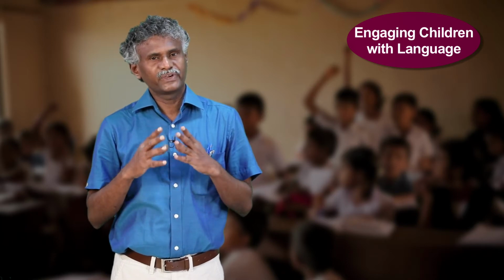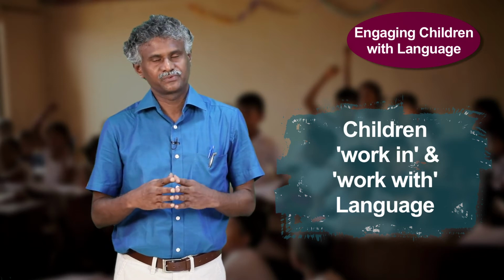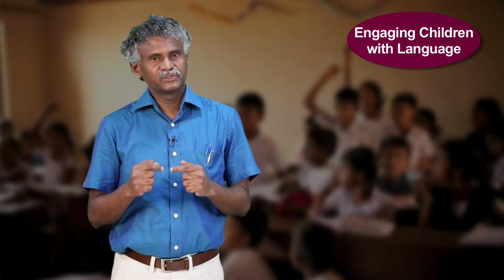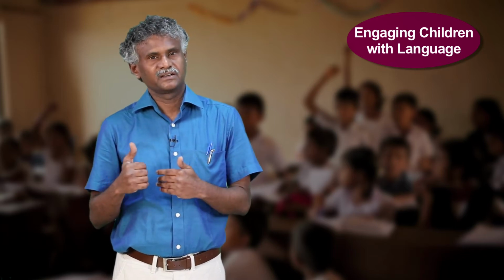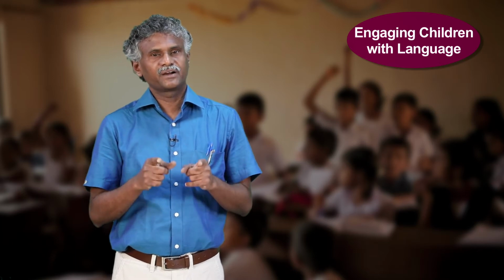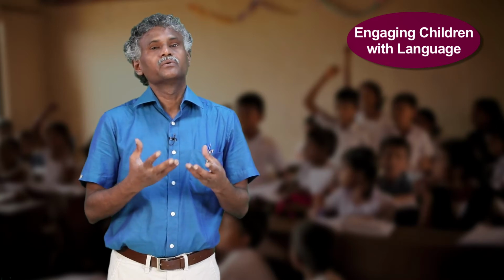Teachers, in this short discussion we will find ways and means how a teacher can engage children to work in and work with language. We know that when children come to school at 3 plus or 4 plus, whatever the age, they come with one fully blown language orally they can speak.